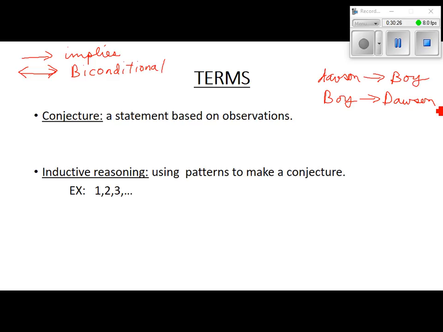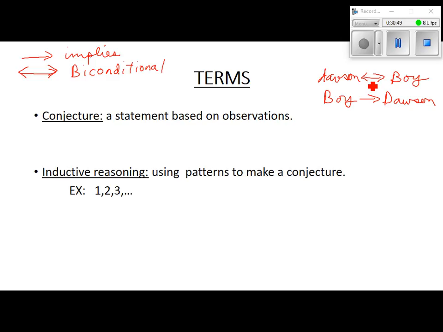No, because there's other people who are boys, right? But if we put that double arrow on it, then what we would be saying is Dawson is the only boy. So Dawson implies boy, boy implies Dawson. And there's no other statement that could be true.